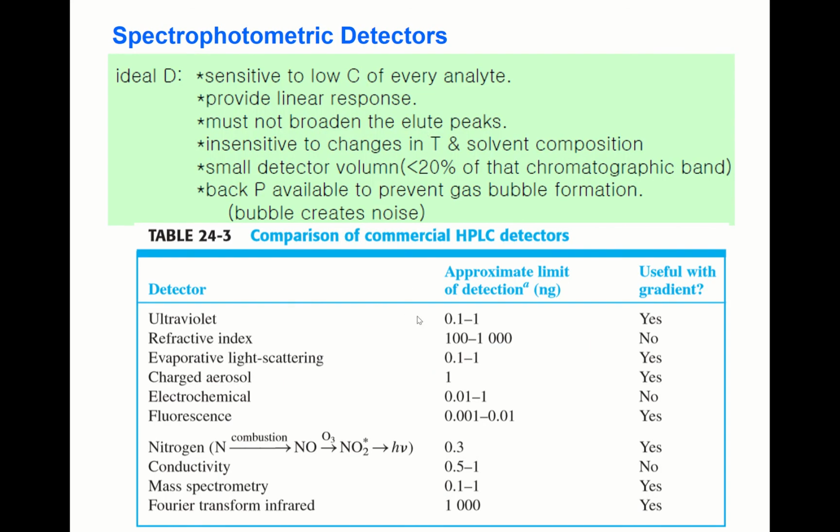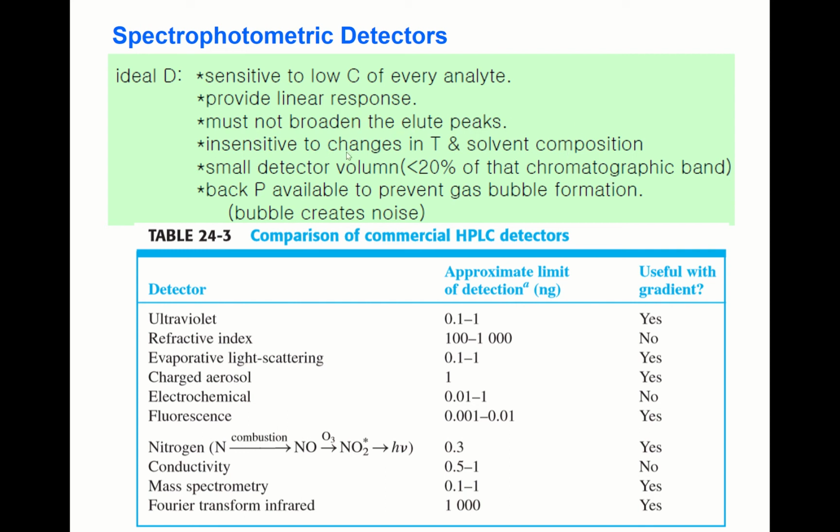Let's now consider the spectrophotometric detectors. There are many kinds of detectors that can be used in HPLC. Let's first consider the characteristics of ideal detectors. Ideal detectors should be sensitive to low concentrations of every analyte. It should provide a linear response, and it must not broaden the eluted peaks.